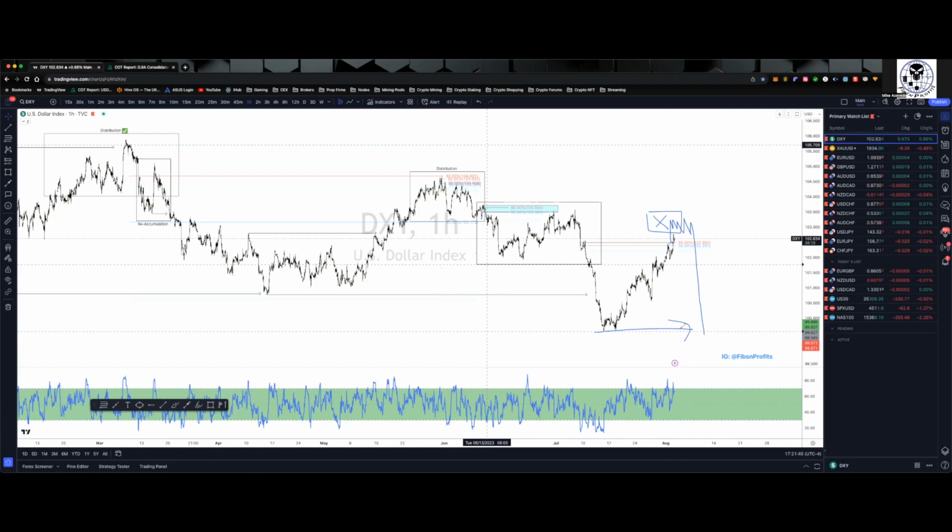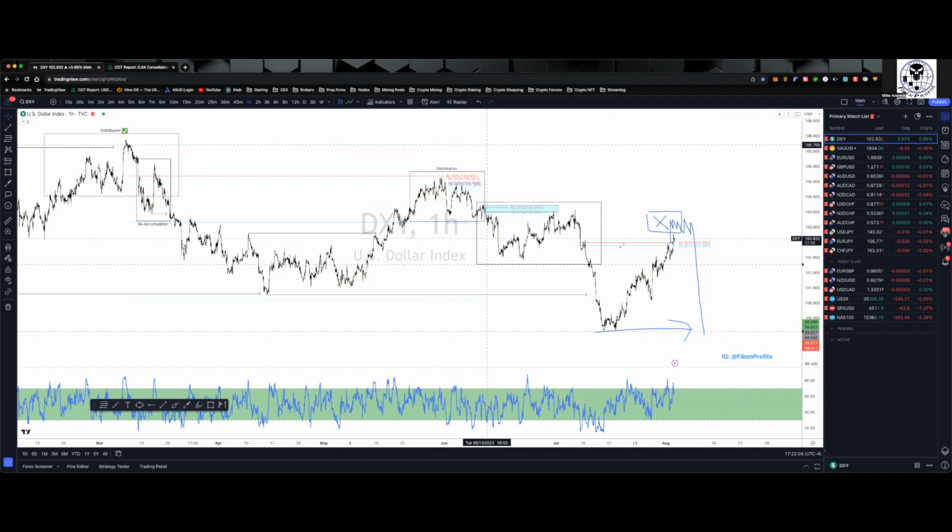Currently, though, the fundamentals aren't supporting it. We still have a very hawkish Fed. At this point they're going to have to double down and potentially give another rate hike. And if that's the case, the potential for a bullish dollar greatly increases, right?